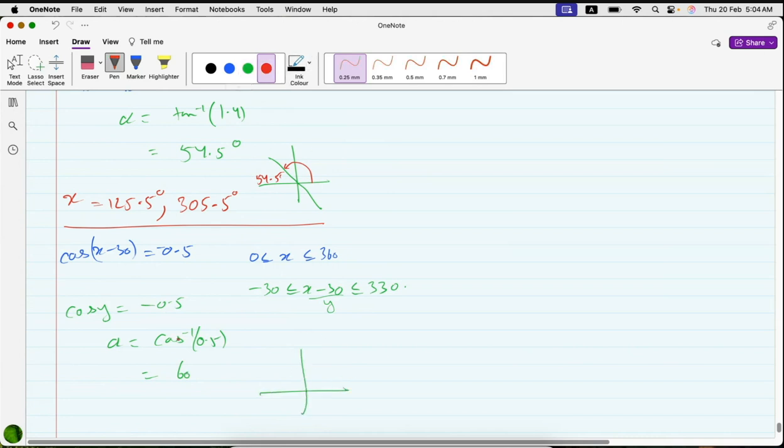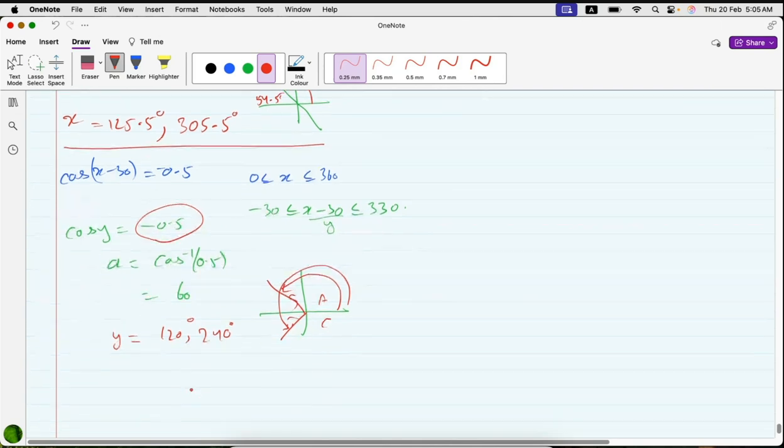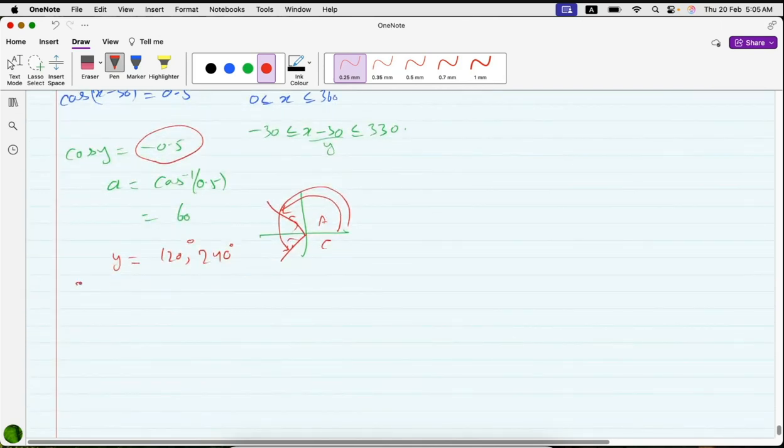Now I have to see that the basic angle is 60 and it is equal to negative 0.5. Add sugar to coffee, it is negative in these two quadrants, and the basic angle is 60. So my first angle y is equal to 120, and the second angle is equal to 180 plus 60, which is 240. And ultimately y was equal to x minus 30, so it is 120 and 240.